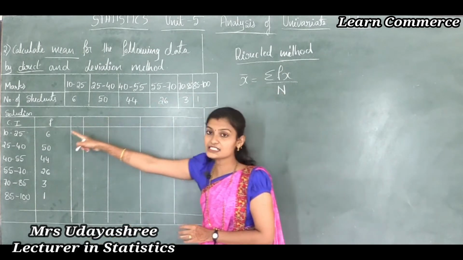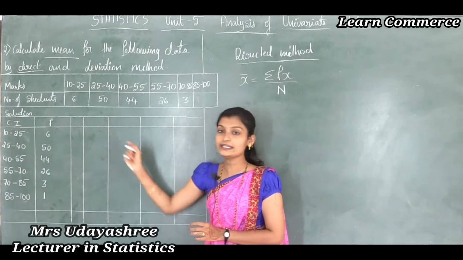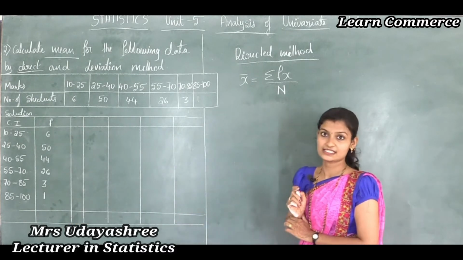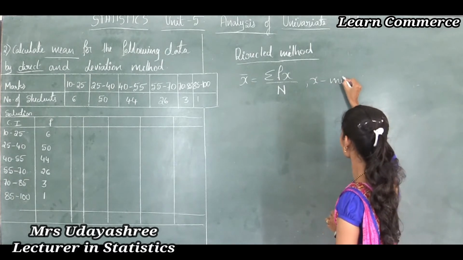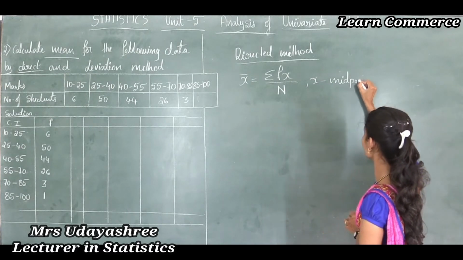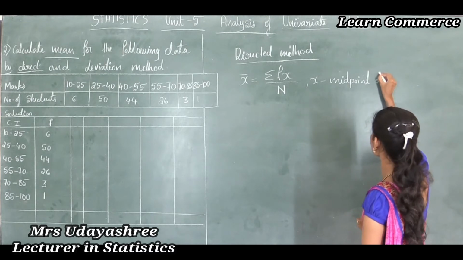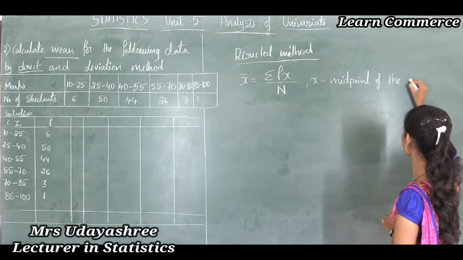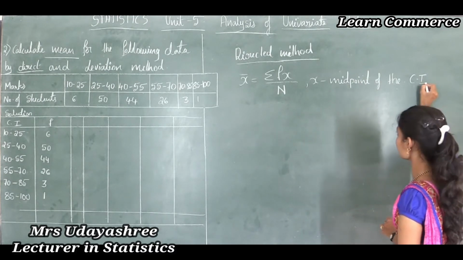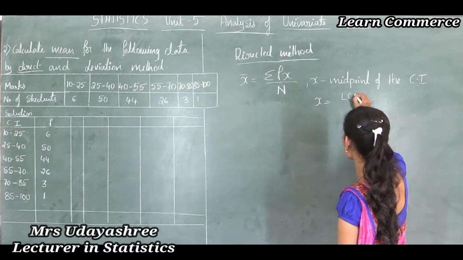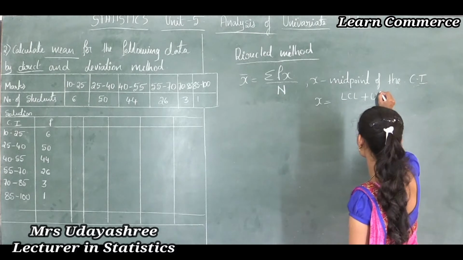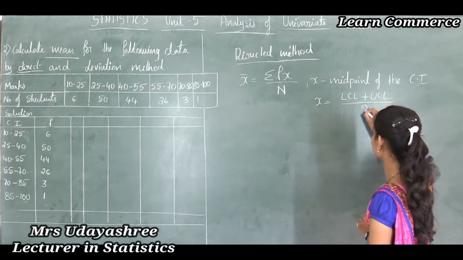Since class intervals are given, we need to find the midpoint of the class intervals. So x is the midpoint of the class interval. To calculate x, the formula is lower class limit plus upper class limit divided by 2.